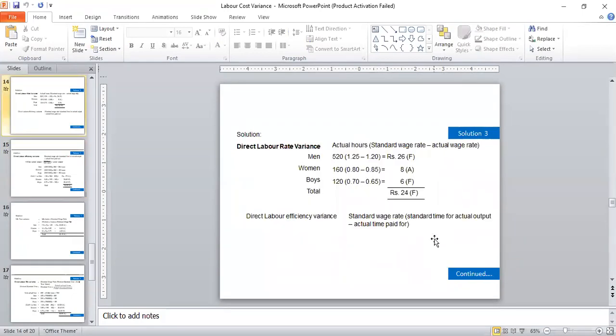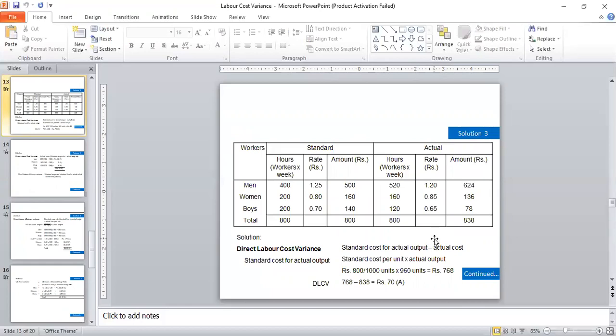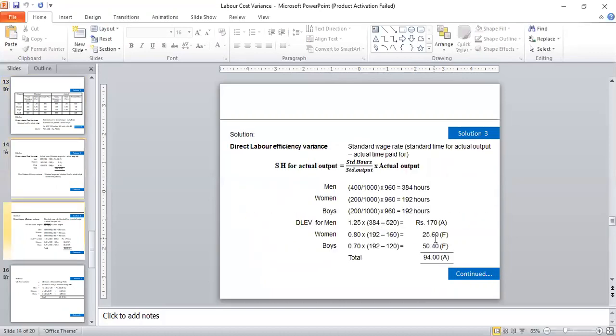Here we can see from the table also how much time is required and how much we have used.